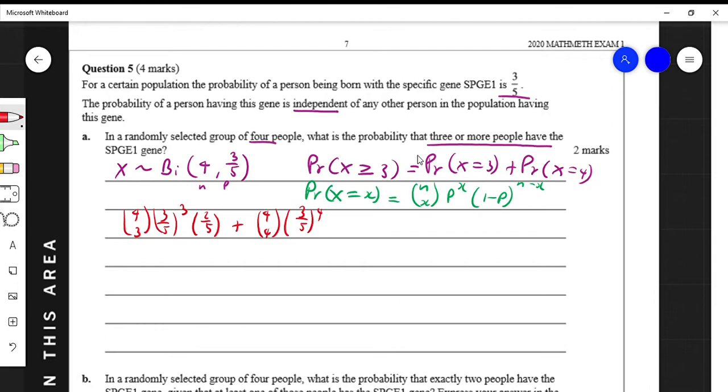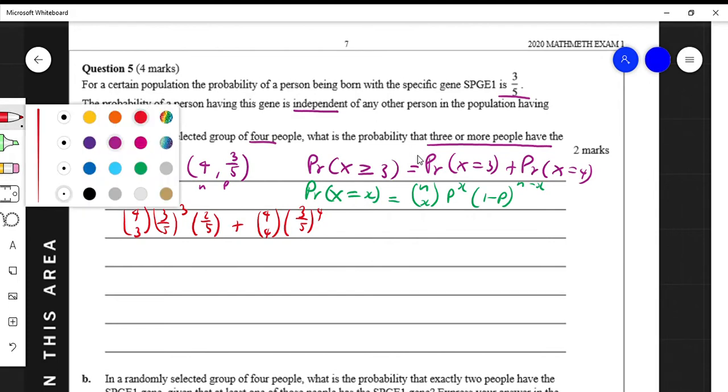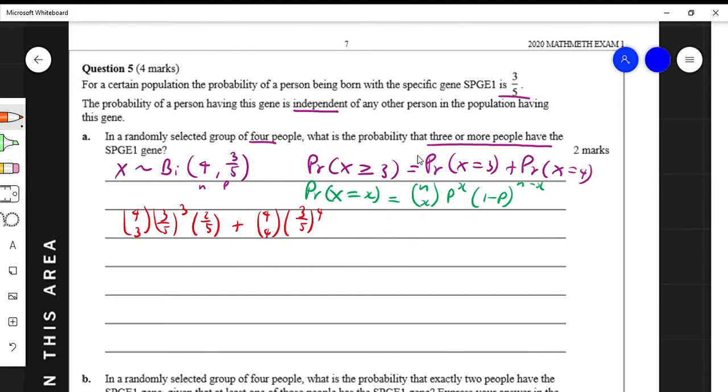4 choose 4 is just 1, because it's how many ways can you choose 4 objects from 4 objects, and obviously there's only one way to do it if you don't care about the order, which is what the combinations formula gives us. So this 4 choose 4, we can not worry about, it's just 1.